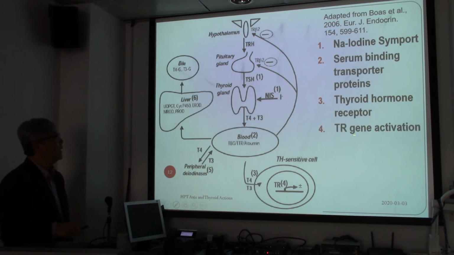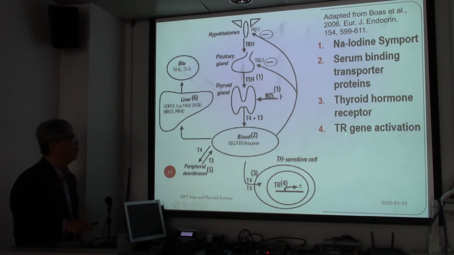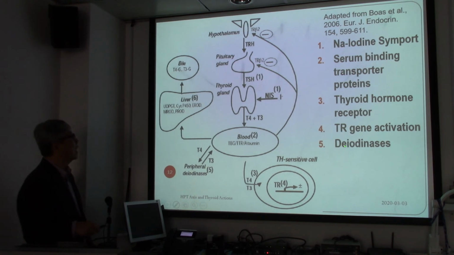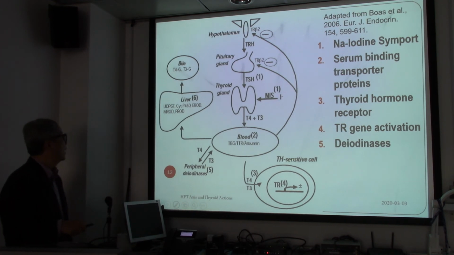And then 4 is TR gene activation, for the thyroid hormone receptor to activate the TR gene. And then 5, we have these deiodinases that would convert T4 to activated T3, and also could be converted into T2 as well.